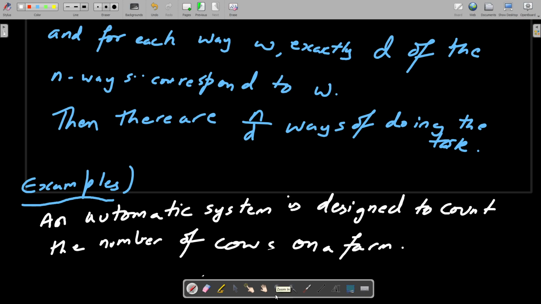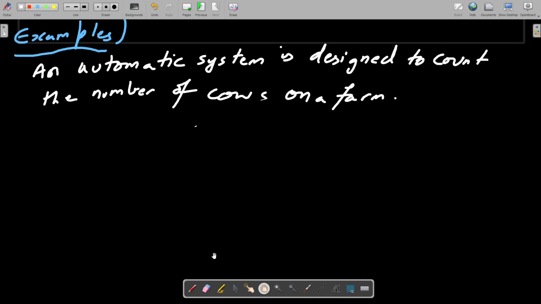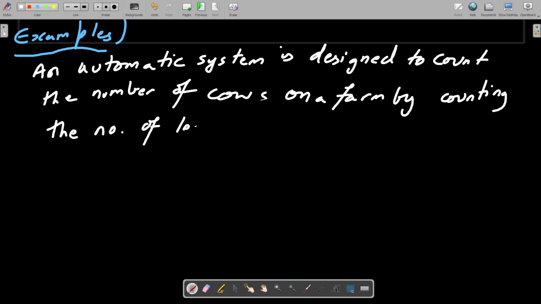Okay, an automatic system is designed to count the number of cows on the farm by counting the number of legs of cows.